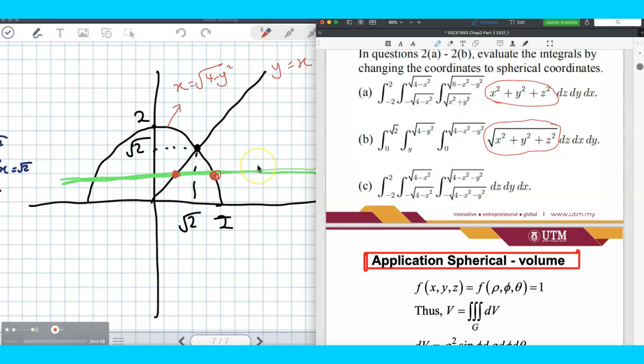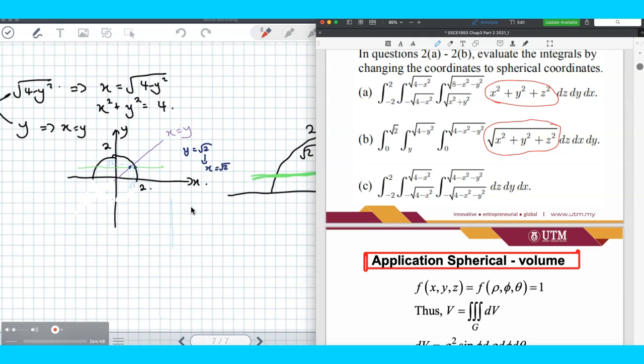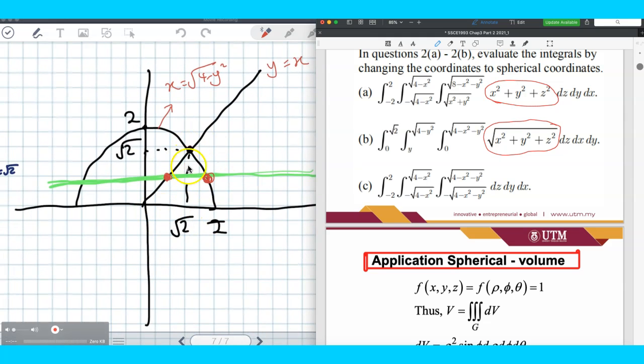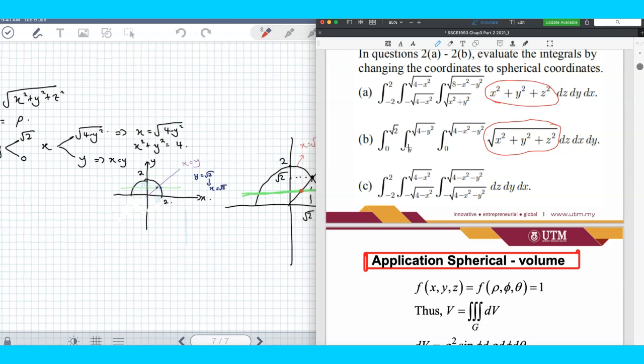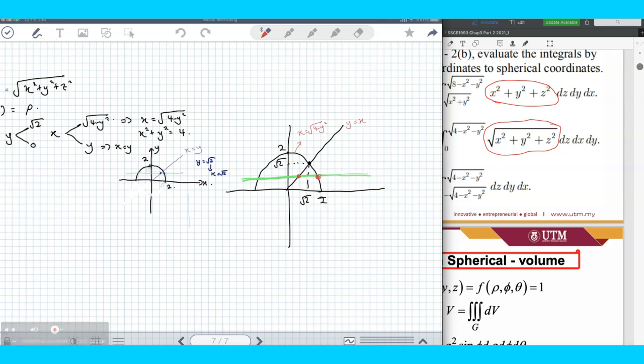Okay, so now I resketch so that you have a larger region. This is our previous sketch, and I'll make it larger. As you can see here, you have to shade the area, right? Based on the limit given, your limit is right over here. You have y constant, so I draw the horizontal line, lying between 0 and 2.